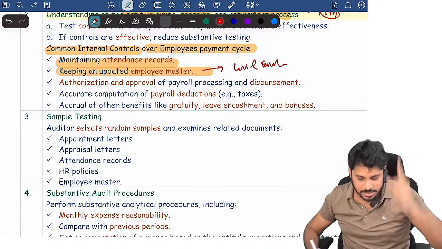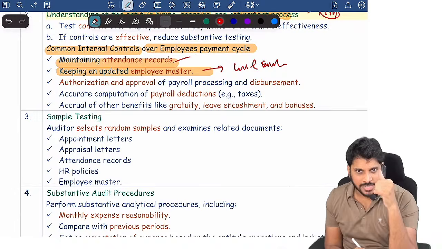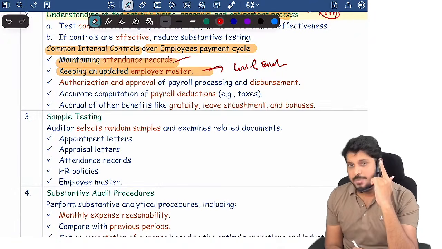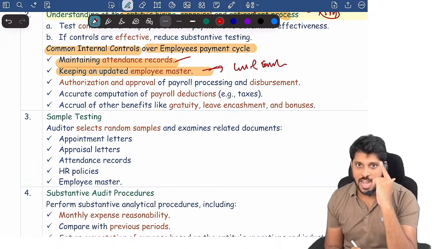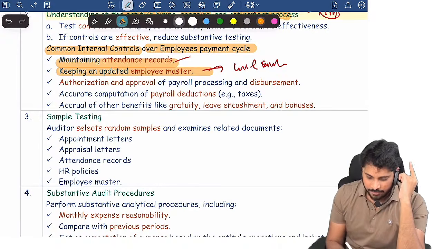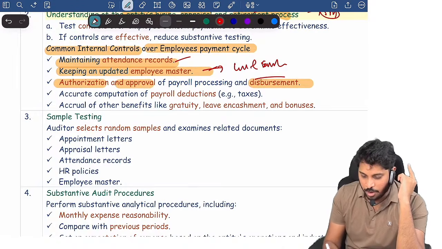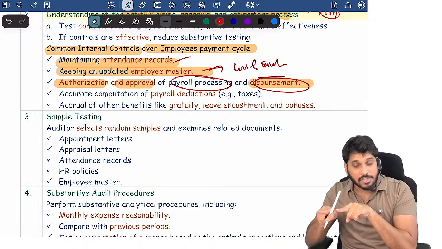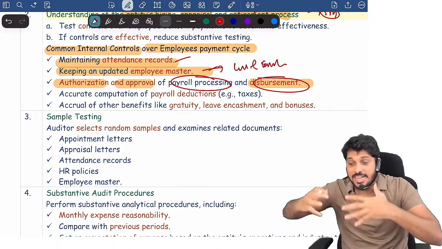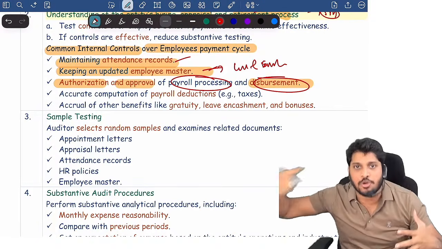That's called employee master. So first, company has to maintain attendance record. Second, company has to always keep an up-to-date employee master. And there must be authorization and approval for payroll processing and disbursement. Remember, payroll means what? Every month company has to pay salary to the employee, right? That monthly process is called the payroll process.